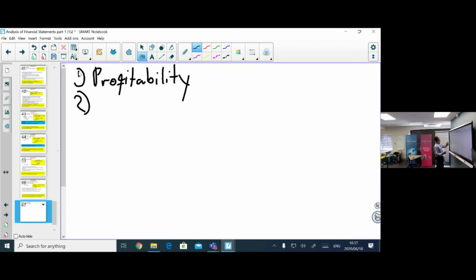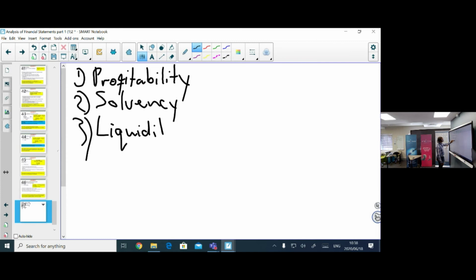So we spoke about profitability, and there is also what we call solvency. Remember, and then we've got this one, liquidity. So it's three of them.